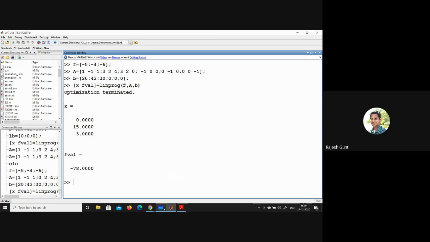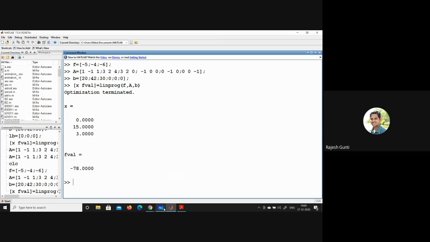Am I correct? This problem contains only objective function and inequality constraints. So I converted lower bounds also. I wrote lower bounds also as an inequality constraint.